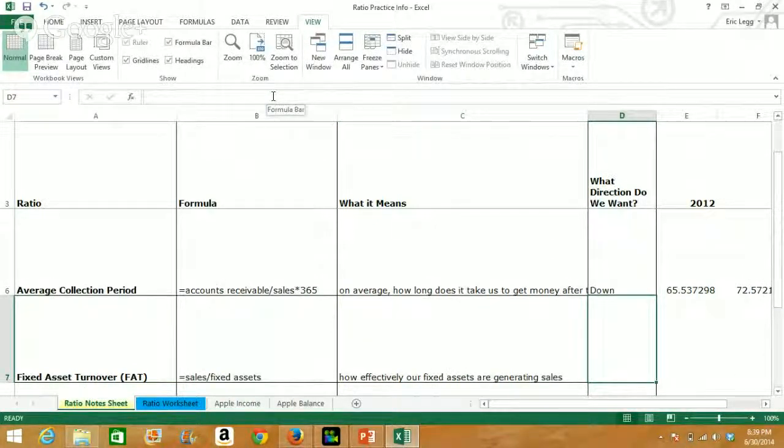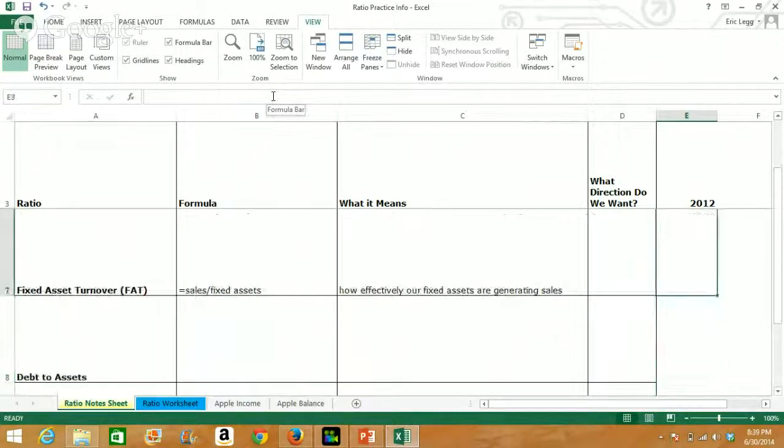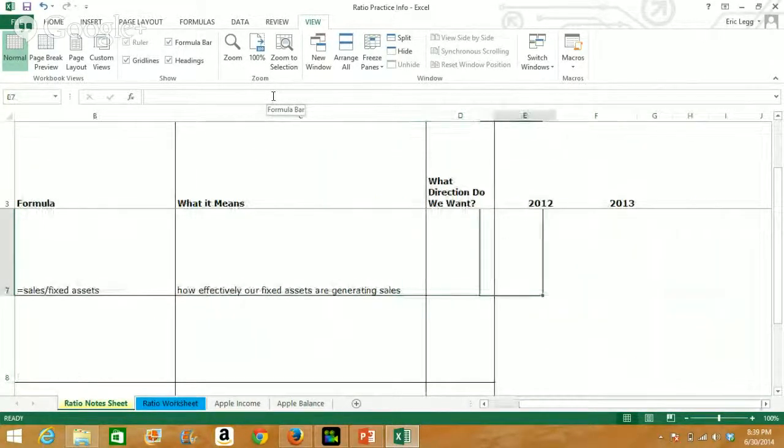Okay, so if we have some big factory, is it effective at generating sales? We have a building that's just for our executives. Does that help us generate sales? So you might think logically about which direction you want this to go, but let's test it.